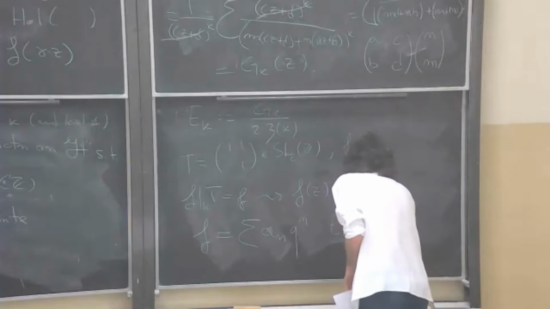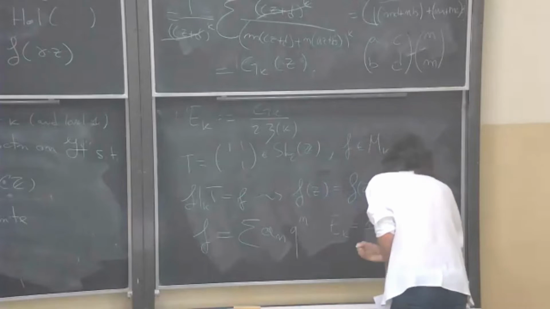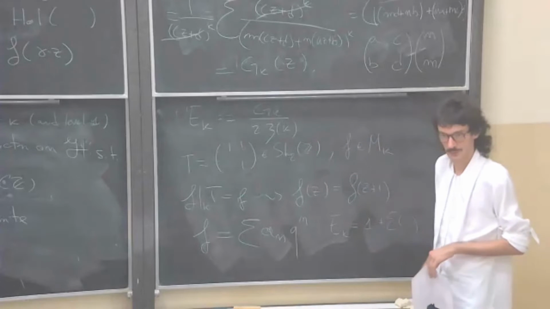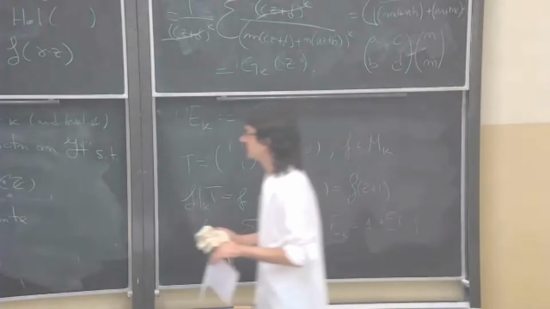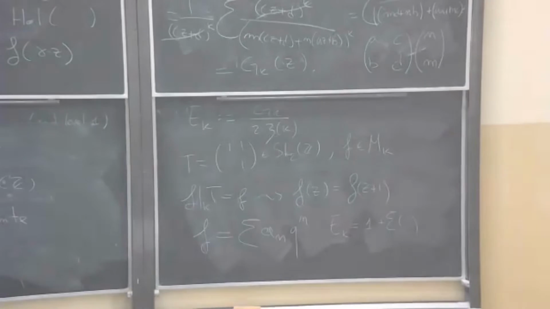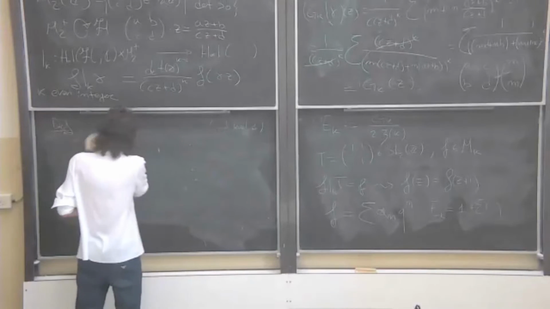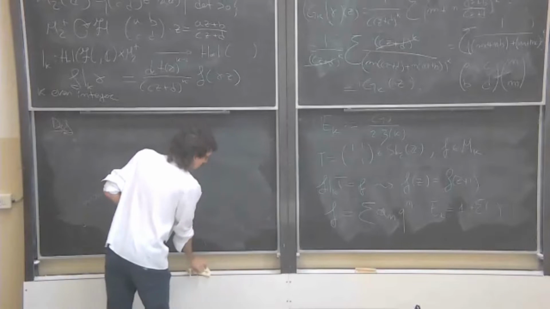And in particular, E_k will be equal to 1 plus a sum of stuff. This is why we take this normalization. And why do I go to the bother of doing this? Because we have another important definition, now that we know what a Q expansion is, of a special subset of M_k.